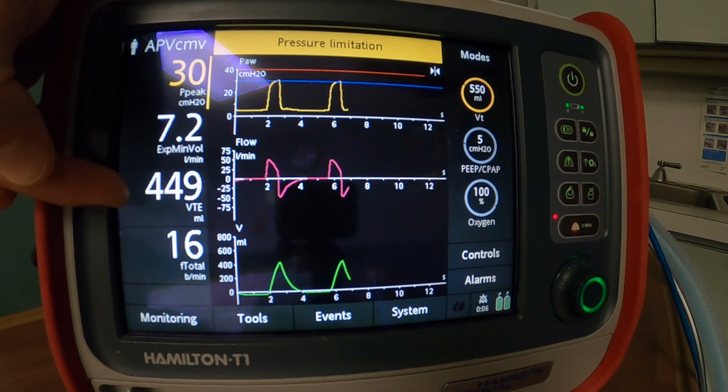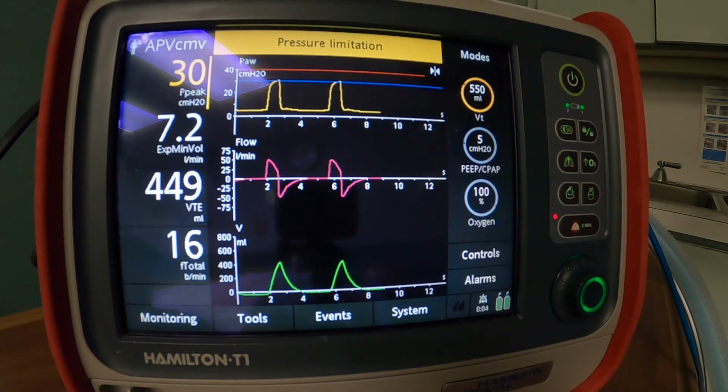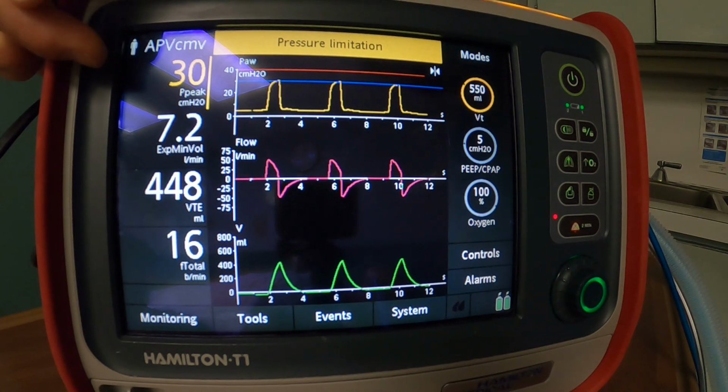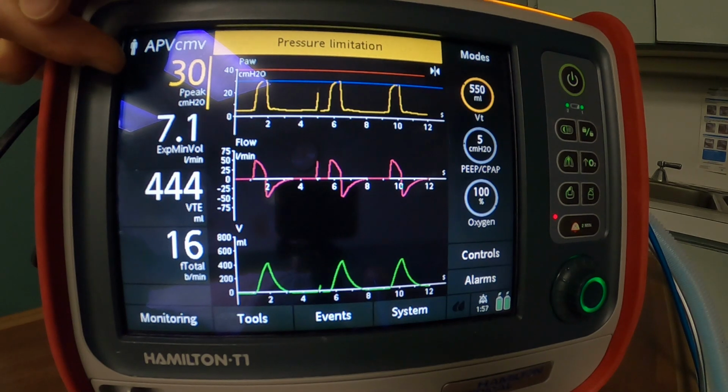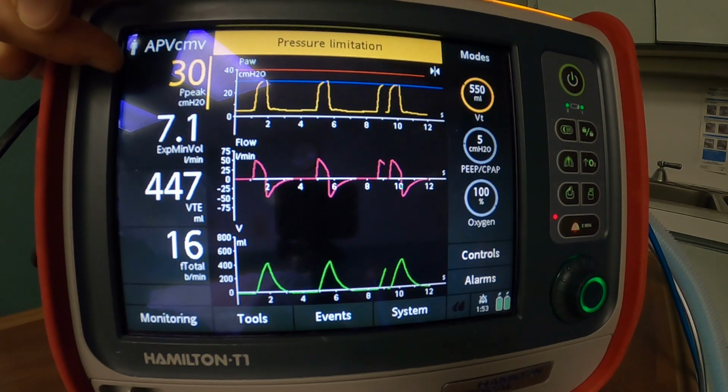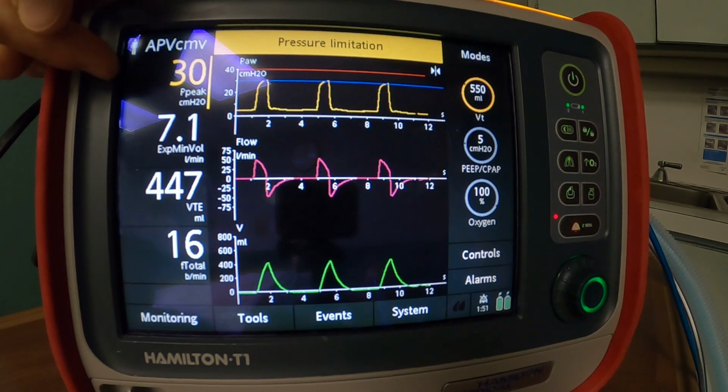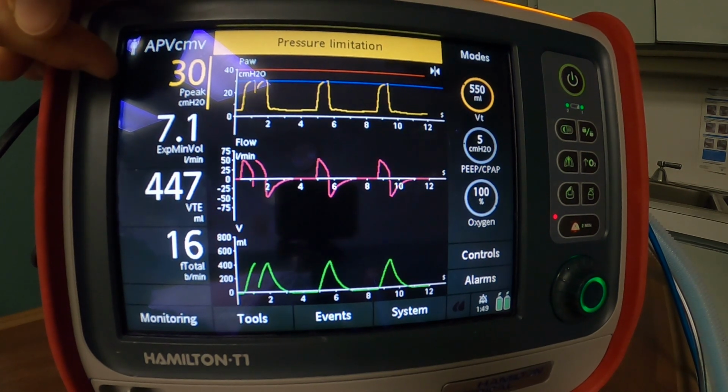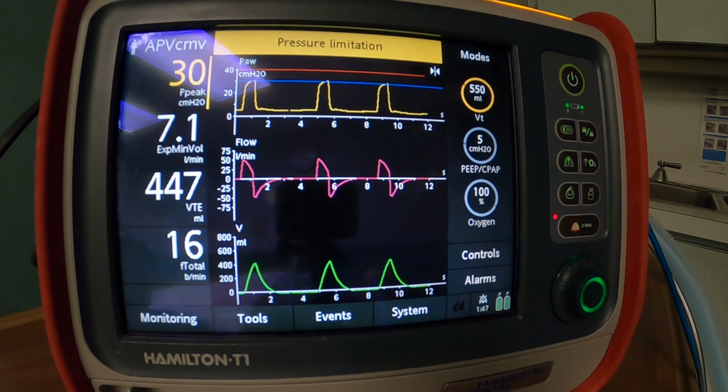This is what the patient is actually getting. The other number you'll notice that is very important in a ventilator is our peak pressure. This is a way we can prevent injury to the lungs that is not available on our standard bag valve mask.